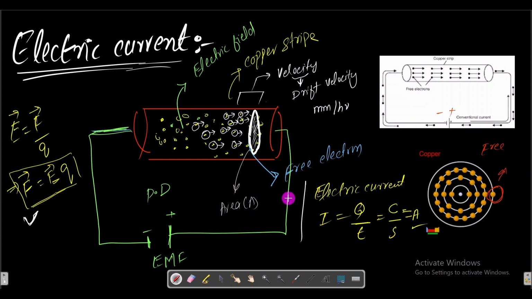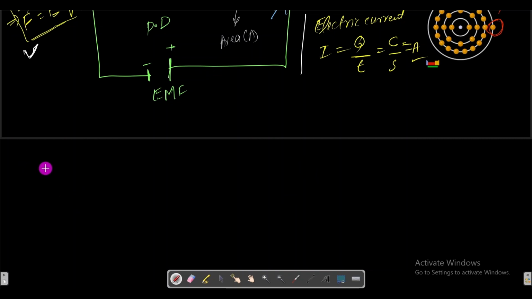In some books, they call this current the steady current. So here is the concept of the steady current.